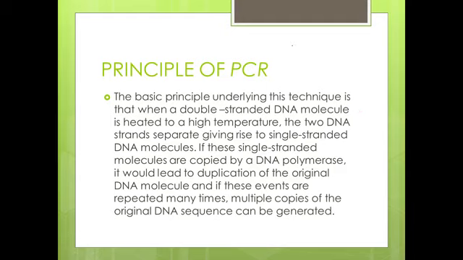We know that the DNA molecule is double stranded. One of the strands has an orientation of 5' to 3', and the opposite strand has just the reverse orientation, that is 3' to 5'.